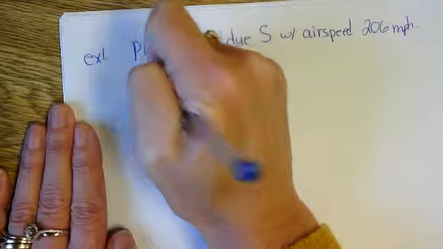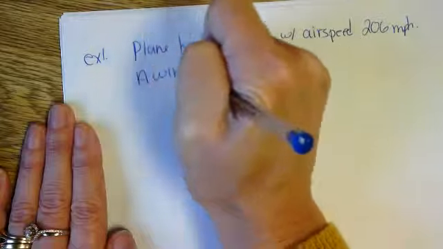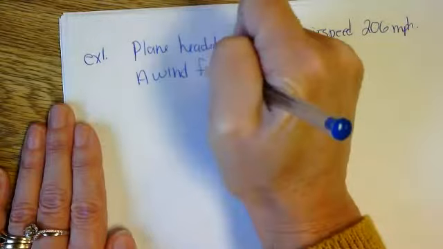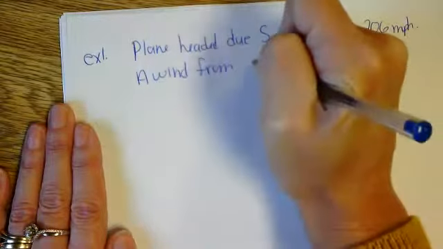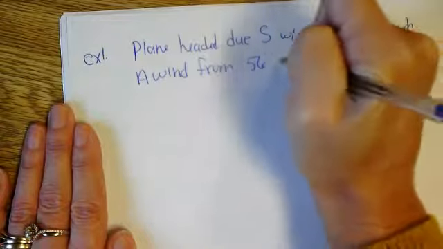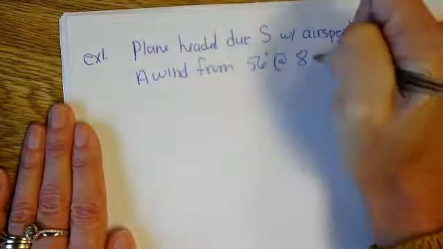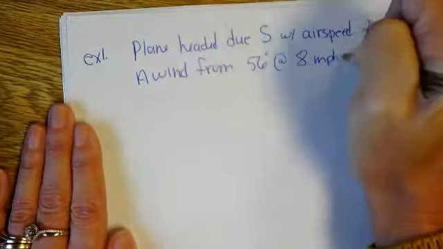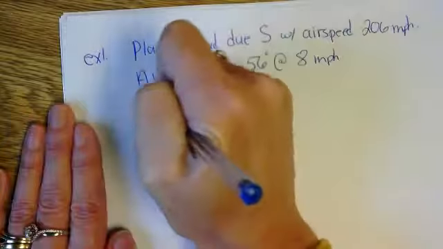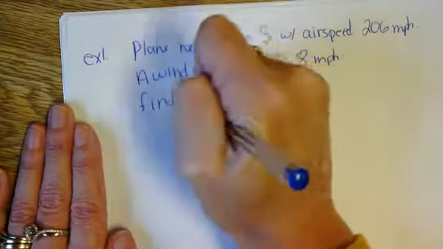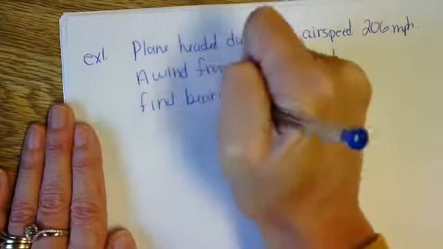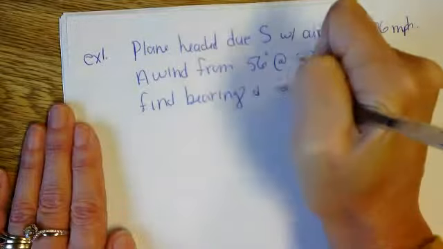We have a wind from 56 degrees. That's blowing at 8 miles per hour. Can you find the bearing of the plane? And the ground speed.